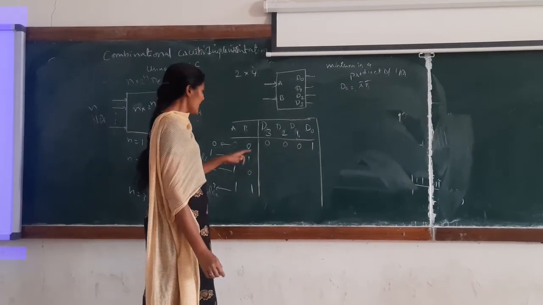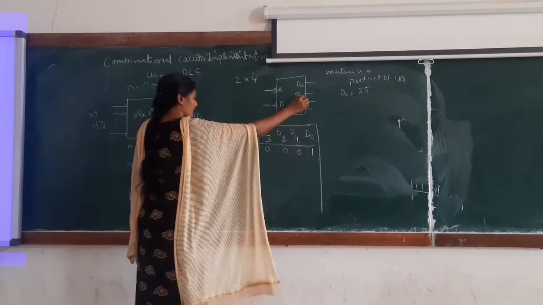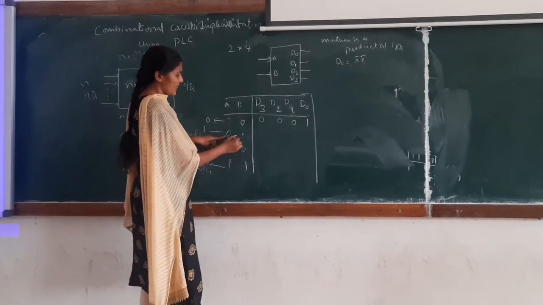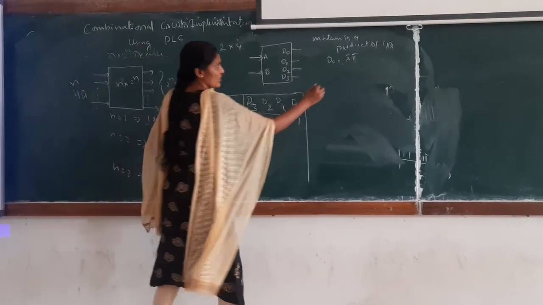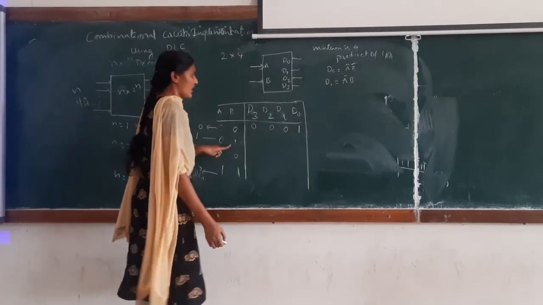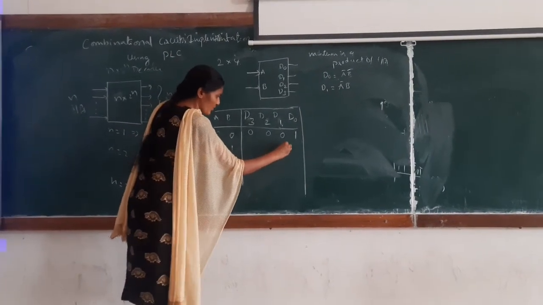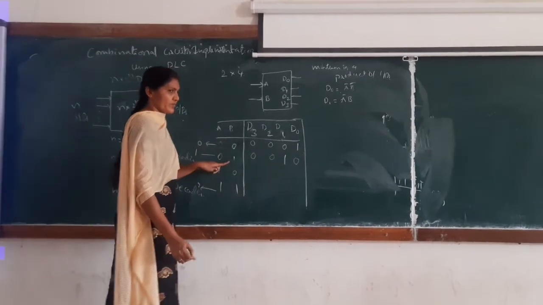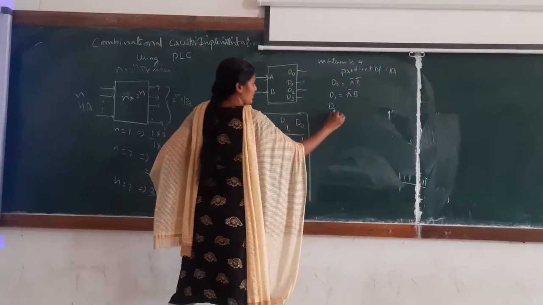What is the D1 minterm? It has A in a complemented state and B in a normal state, so D1 is A bar B. The corresponding output goes to the 1 state and all the remaining go to the 0 state. Next is D2.